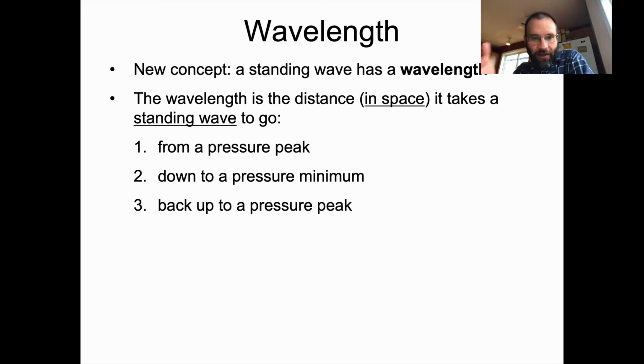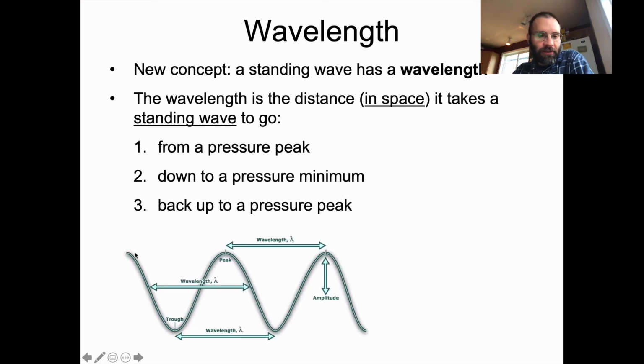So this is for a standing wave, and the wavelength is the distance it takes that standing wave to go from a pressure peak down to a pressure minimum and then back up to another pressure peak. So this is how you can think of it in spatial terms. This is the way I've defined it, going from a peak to a minimum to a peak.